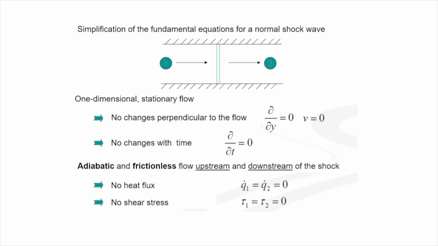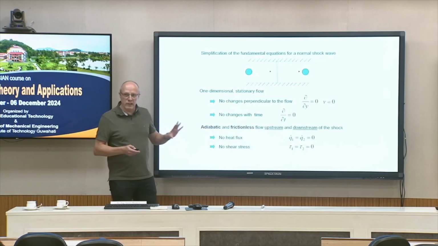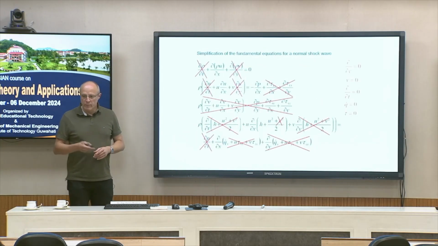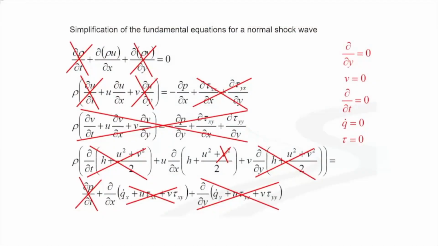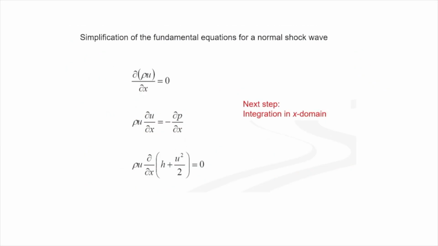We assume it's adiabatic, and we don't have any friction, so we don't have shear stresses, and we don't have heat flux. So these parameters can also be set to 0. So we are lucky, most of the terms are deleted when we apply these assumptions to our equation system. So this is what is left over.